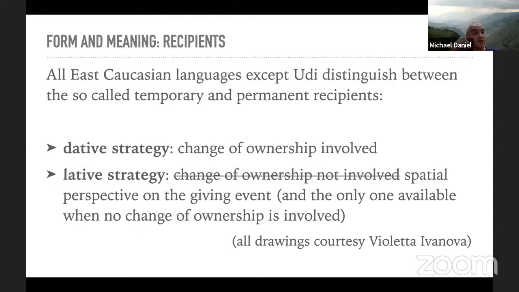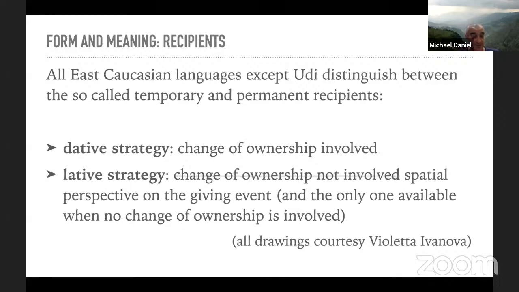That does not work the other way around, because if the object is not given for always, but only lent, only given temporarily to someone, then there is no change of ownership, and the speaker does not have any choice. He has to take a spatial perspective on the giving event. So this is the only strategy which is available in such situations.